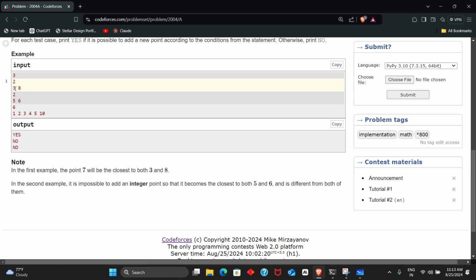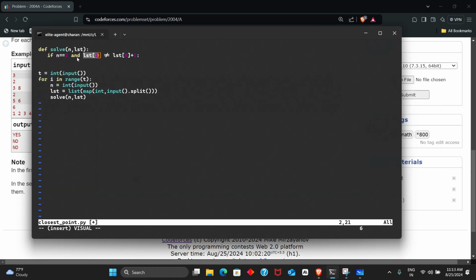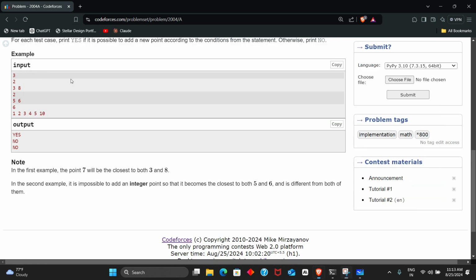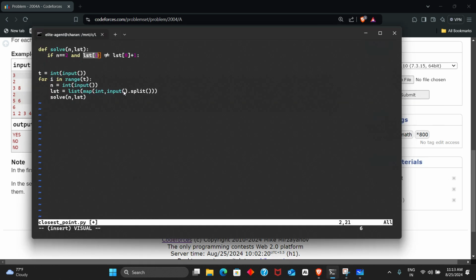If we take list of 0 as a and add 1 to it, which is 3 plus 1, 4, if 4 exists in the list, which basically means list of 0 plus 1 is equal to list of 1. Here we can see exactly that, list of 0 is 5 and list of 1 is 6. So this satisfies.